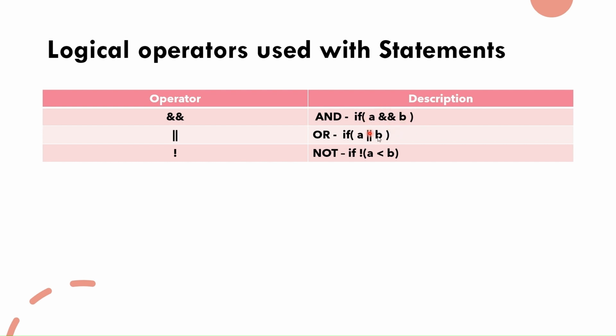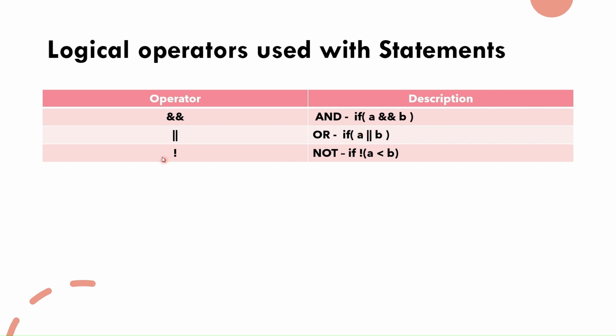So both expressions must be true to evaluate the whole expression to true. The or operator, which is two double pipes, any of the expressions, either A or B, evaluates to true, then the expression will be true. And if we have the A expression true, it will not even check the B because it's already true.